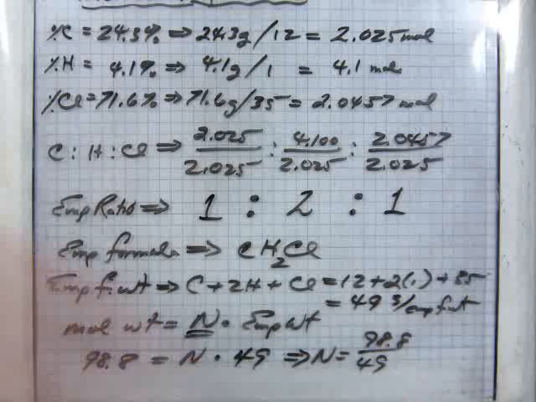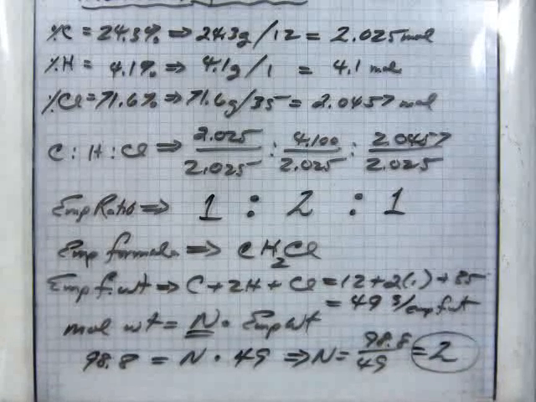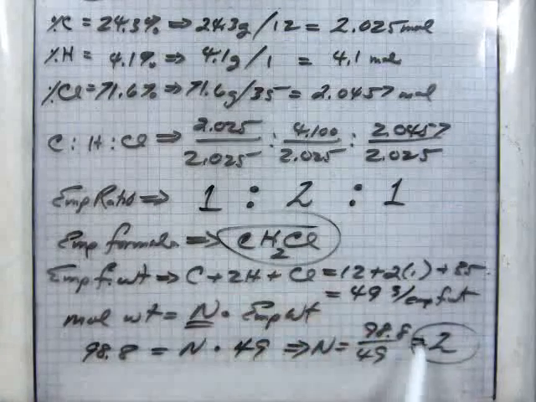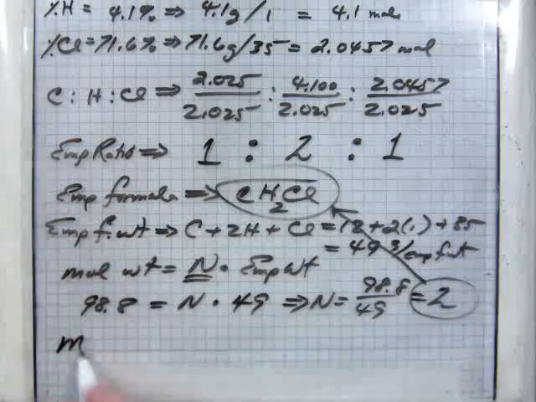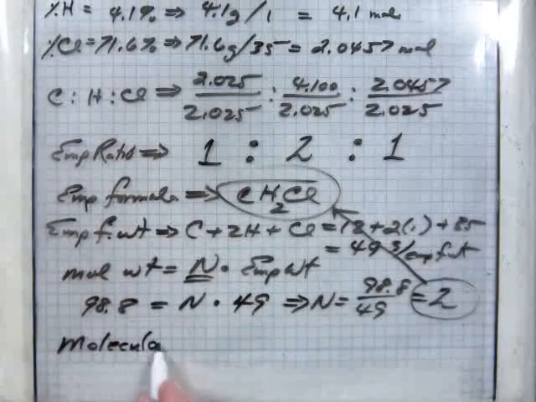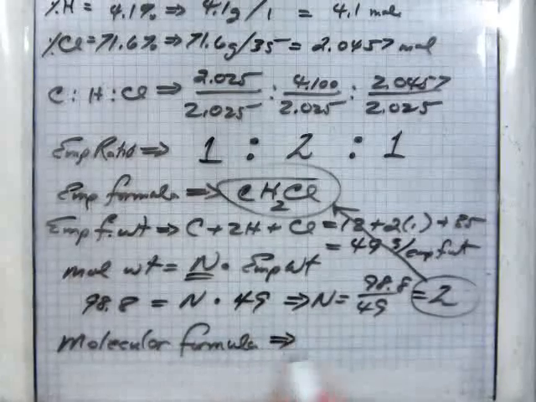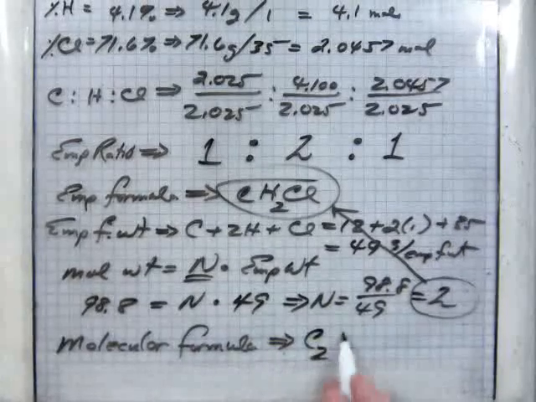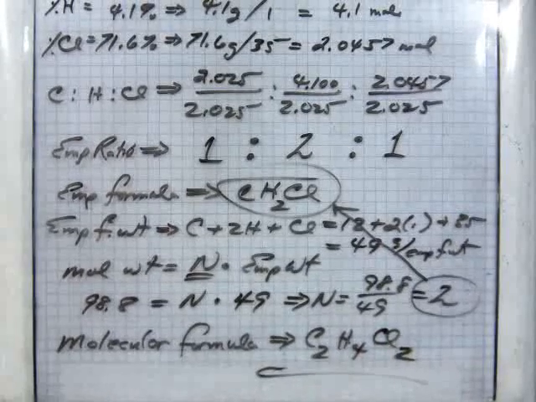And it looks like a 2. So there's your whole number multiple, and you take the 2 and distribute it through the empirical formula, and you get your molecular formula, which is now C2H4Cl2. So you distribute that whole number multiple through that formula.